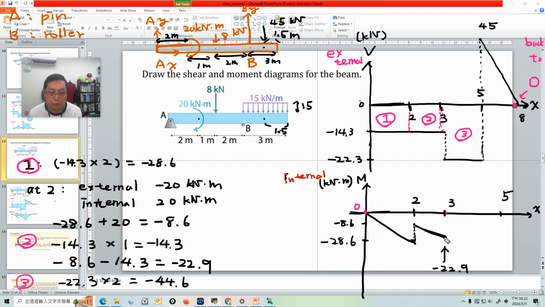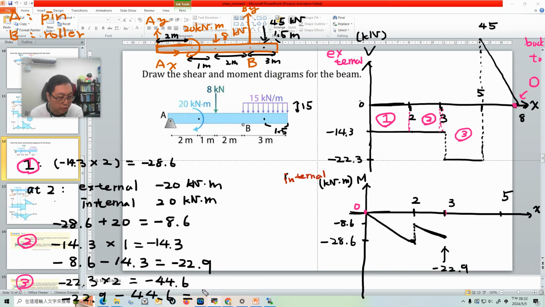So at position 3, the value is already minus 22.9. We have to add this value to get to position 5. So minus 22.9 minus 44.6, what's the value?